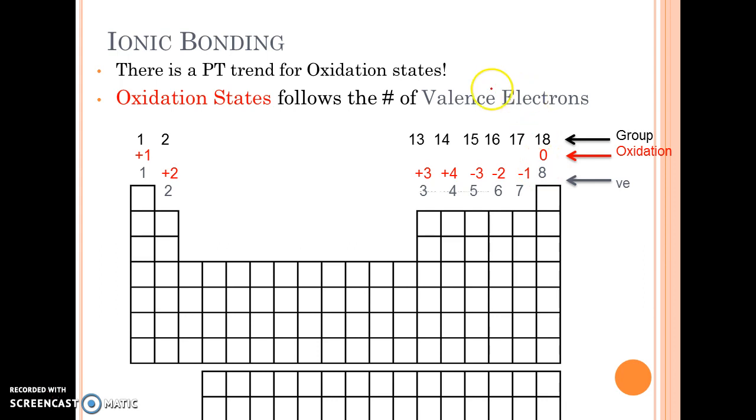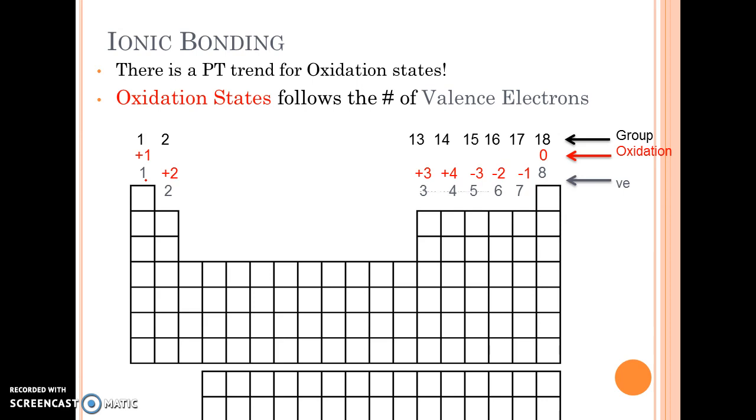Alright, so we are going to look at how the oxidation states and the valence electrons relate. Group 1, every element in group 1 has 1 valence electron. Remember, all atoms in these groups that we're talking about want to have 8 valence electrons. It does not make sense for any element in this group to go out and try to collect 7 more electrons.